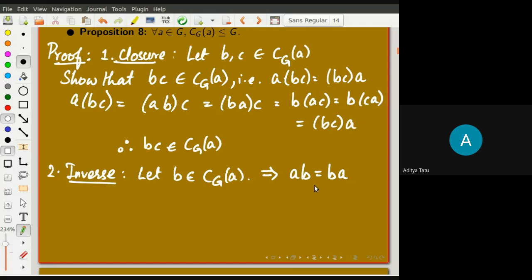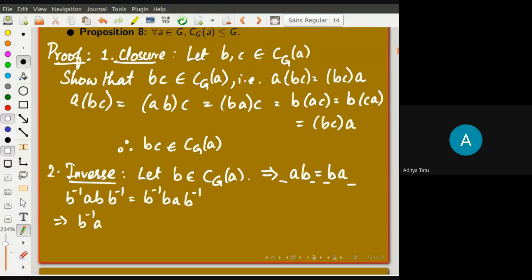So how do I get that? Pre-multiply and post-multiply by B inverse on both sides. Okay, what would that give me? B inverse A B B inverse equals B inverse B A B inverse, right? Yes, sir. What does this imply?